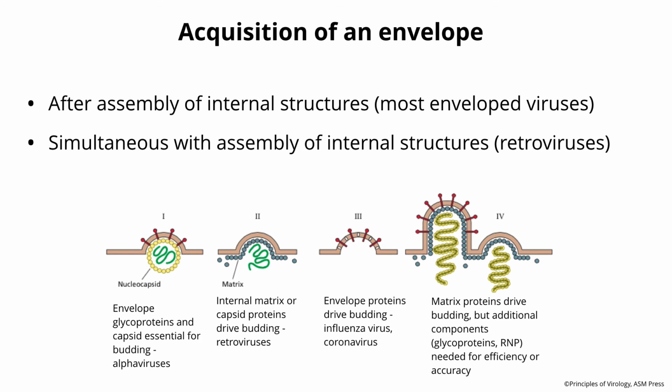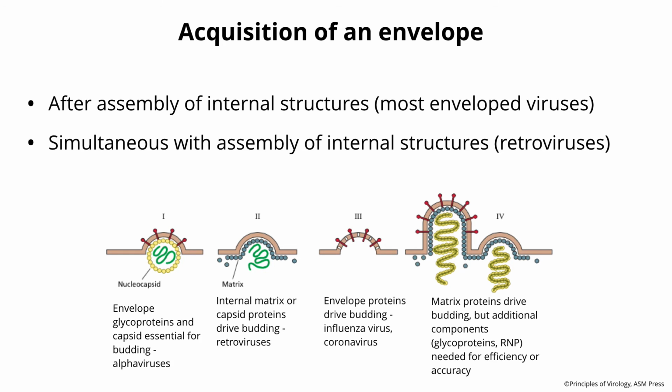Example 2, the internal matrix or capsid protein can drive budding. So as we'll see in a moment, the matrix protein is a viral structural protein present just below the membrane in many of these enveloped viruses, and we think it gives structural integrity to the particle. So we call that a matrix protein, or M protein. It's shown in blue. So that, for some viruses, can drive budding.